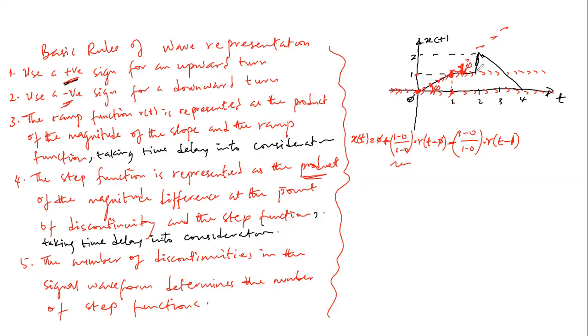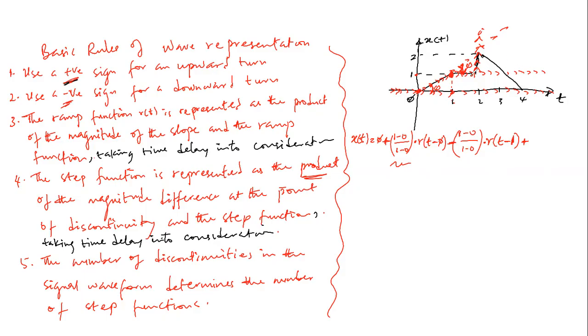So in drafting this mathematical model, in the first instance, we know we're going to have just a single unit step function representation. And this is a ramp also, but now it is going upward, all the way. So that is positive.